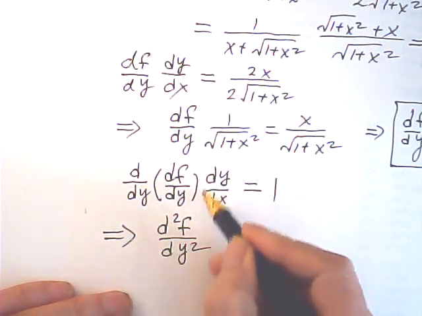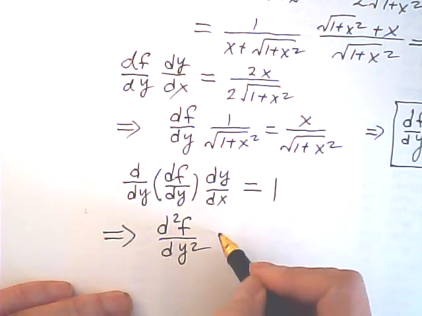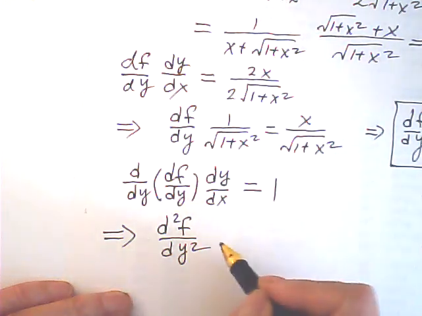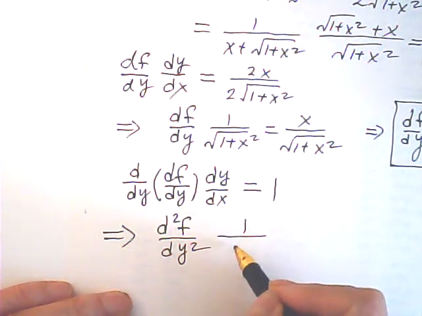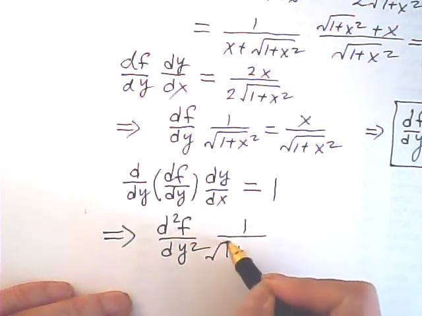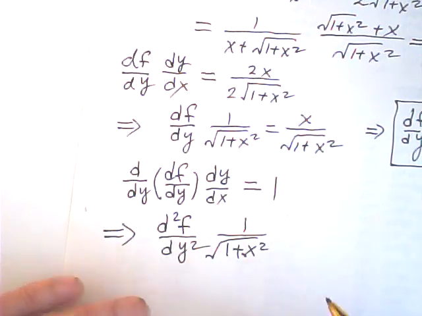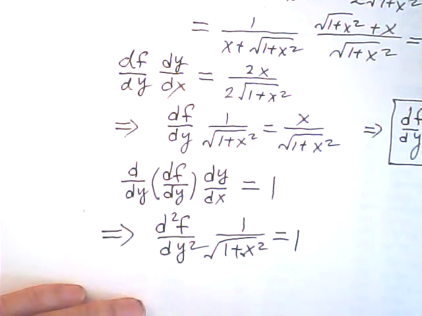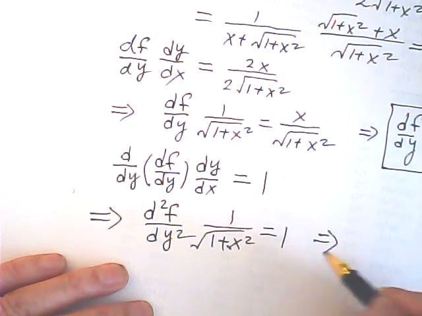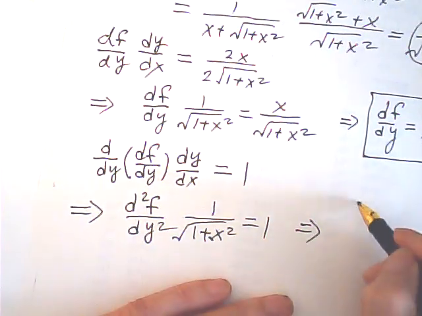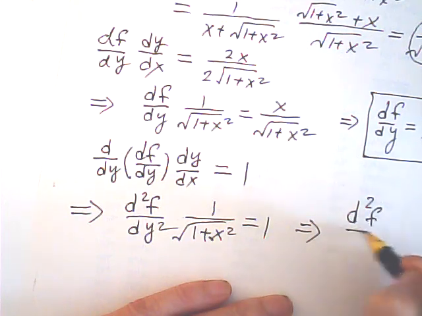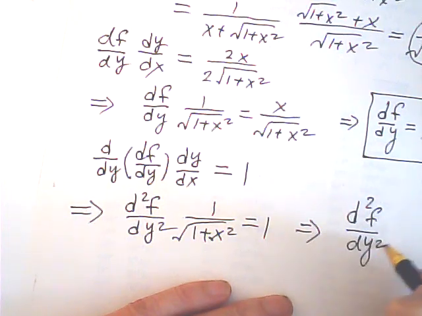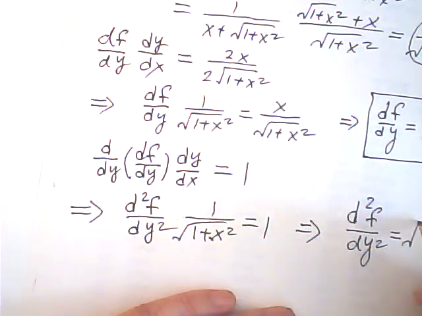This dy/dx is equal to, I know that is equal to this, 1 over the square root of 1 plus x squared. The right-hand side is equal to 1. So this gives us the second derivative of f with respect to y is equal to this.